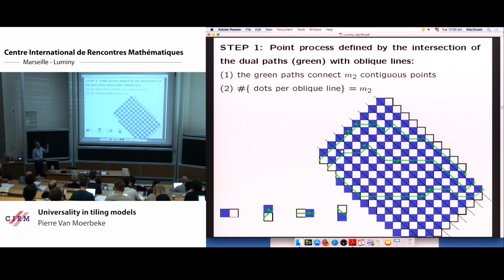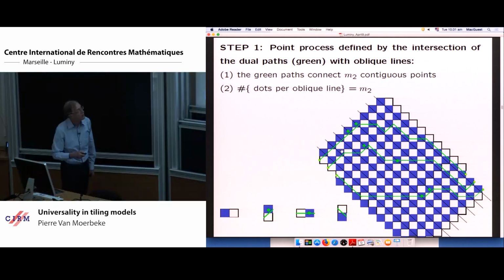Now, what's the advantage of this configuration? The advantage is that I have, first of all, the departure, the start point, the points are contiguous, okay? Those 3 points are next to each other, and you end up exactly here at 3 contiguous points.